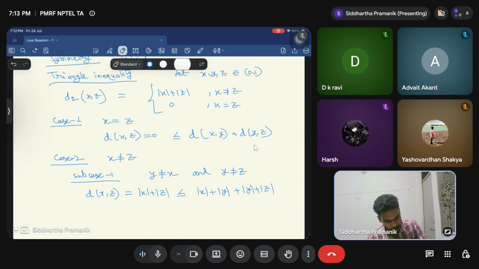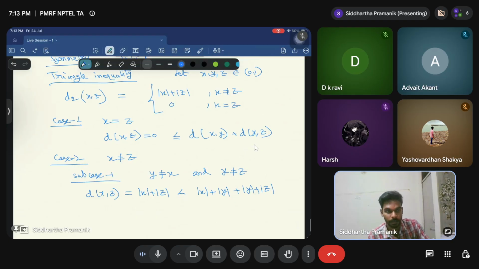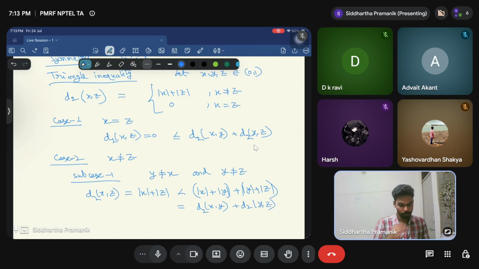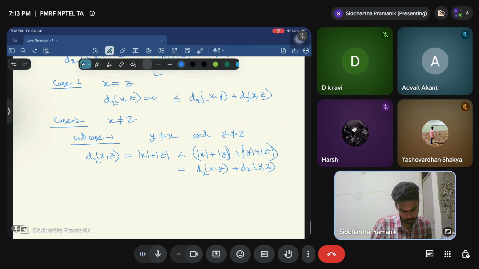Maybe it will be strict inequality because we are in the open interval 0 1. But we can club these things together. So this is d2 x y, and this is d2 y z. Okay, so far so good.